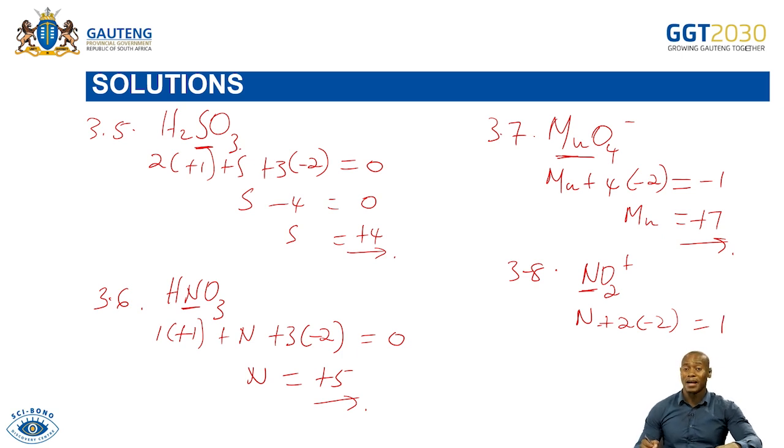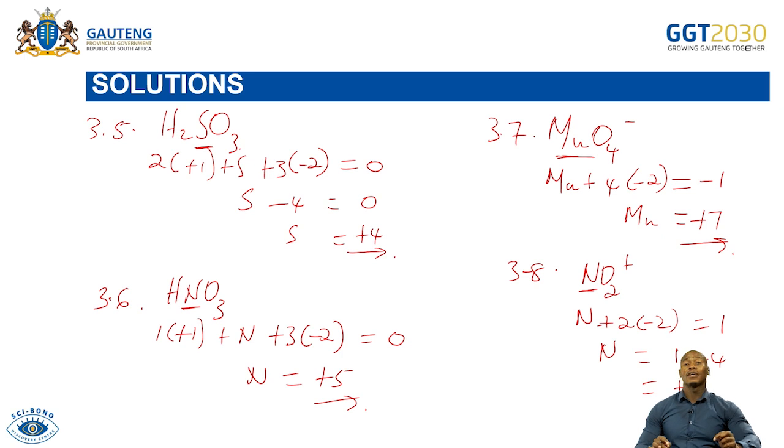Because I'm having plus there. So it's going to be N equals 1. 2 times -2 is -4. Then transpose that -4 to the other side. I'm having a +4. So it's plus 4. Then here is going to be plus 5. So that will be the oxidation number.